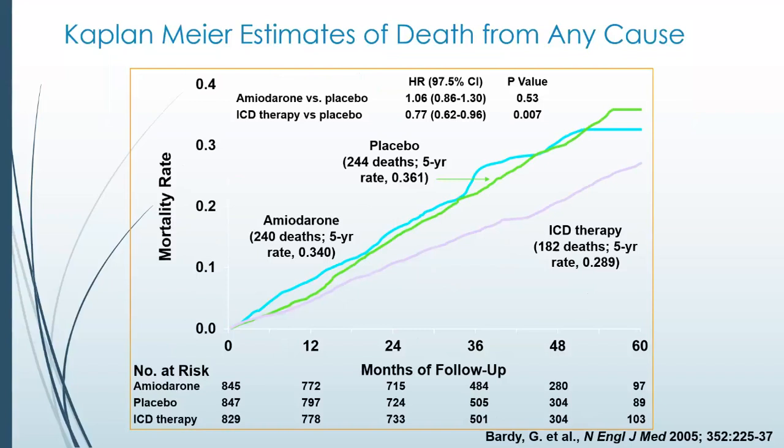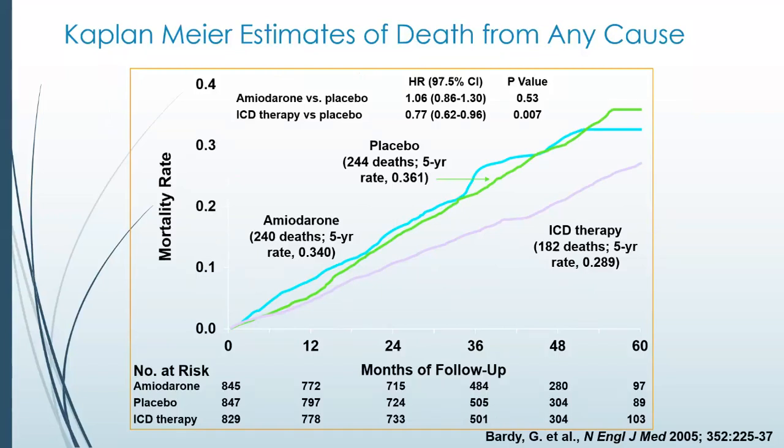This is what we call a Kaplan-Meier curve. And it is the primary results from this trial that were published 19 years ago now. And what you can see here is that the placebo arm and the amiodarone arm were just about on top of each other.